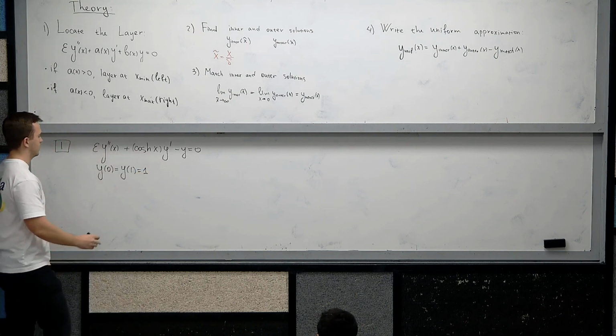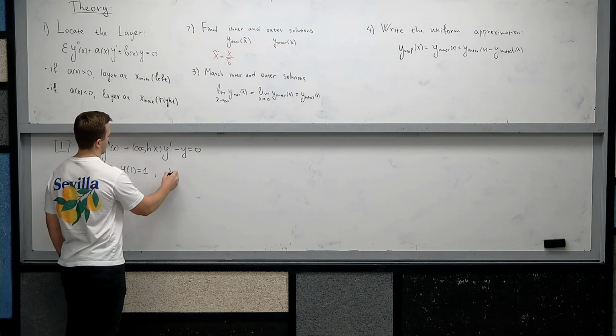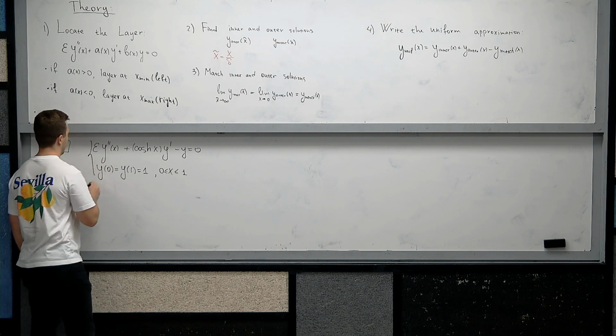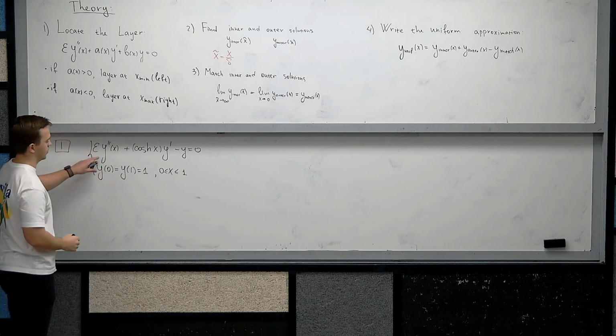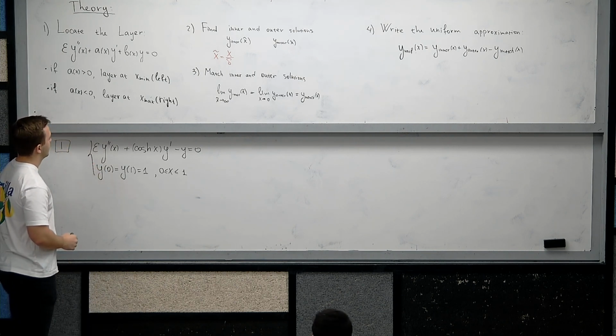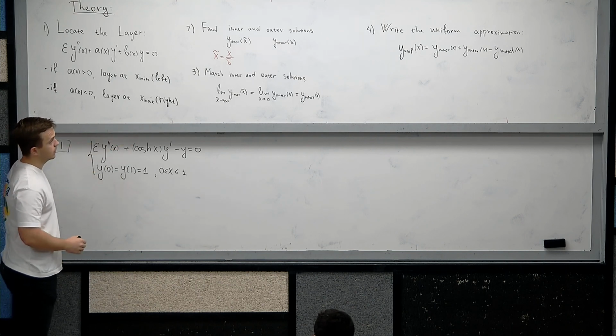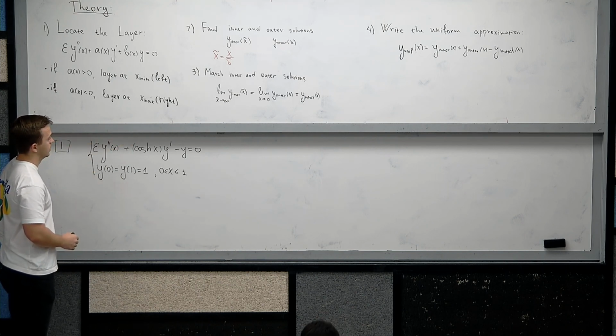As you can see, x goes from 0 to 1. Epsilon is some small parameter. And we need to find the uniform approximation in the leading order.